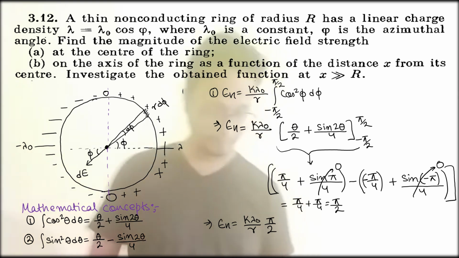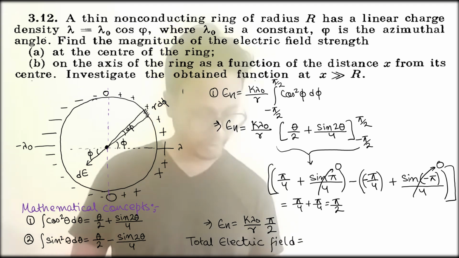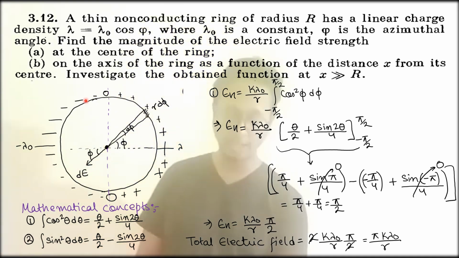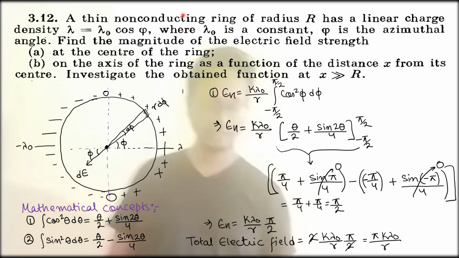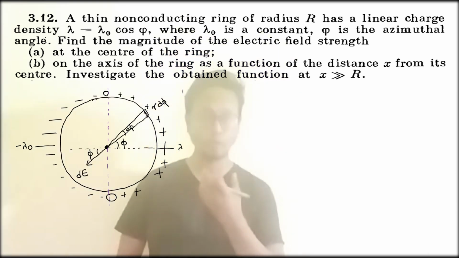So the total electric field at the center would be 2 into k lambda naught by r into pi by 2. The 2 and 2 cancel, so it would be pi into k lambda naught by r. That is the total electric field towards the left due to the entire ring. Understood? Now I'll go through some common misconceptions.